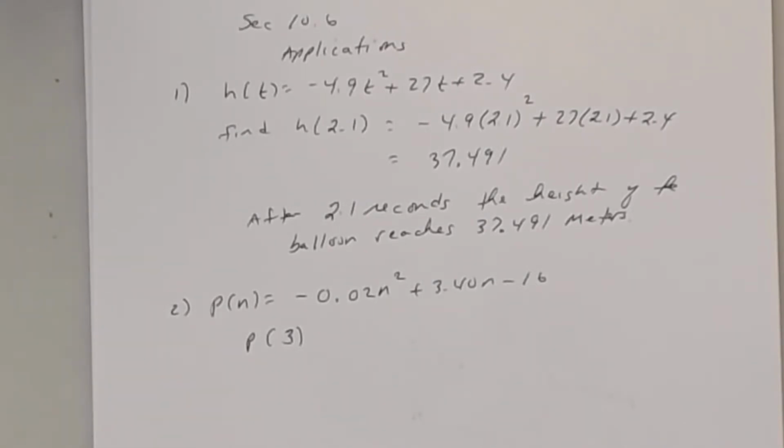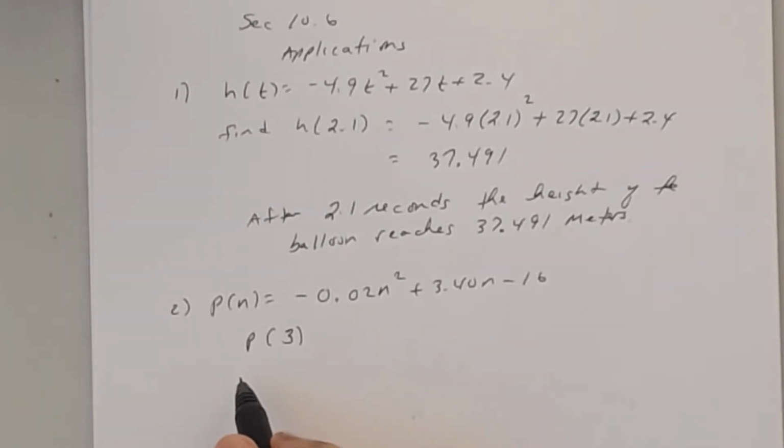Okay, so let me remind you the word thousands that's denoted here. So you see that 3, that doesn't mean that I'm producing 3 units. That means I'm producing 3,000 units.